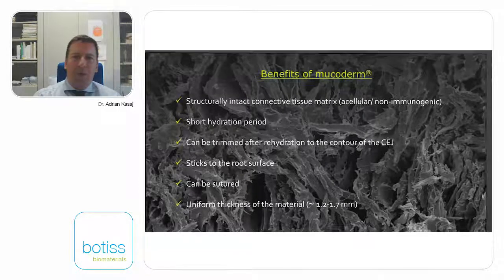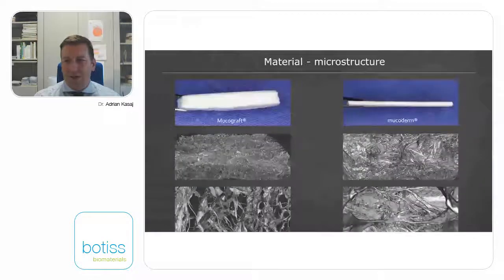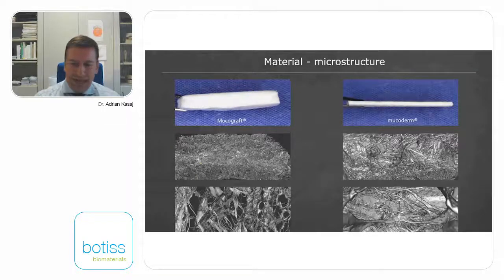So when we look at the microstructure, you can see here the comparison of the mucoderm matrix on the right side compared to the mucograft on the left side. Here, a bilayer structure, very spongy in the inner part, and here a real dermis with a really dense collagen structure.